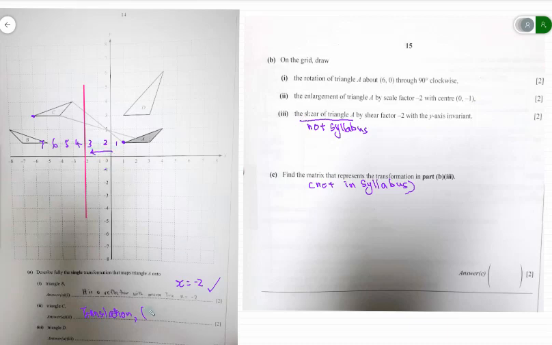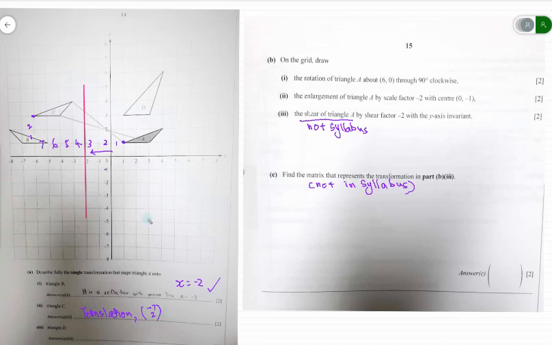Therefore, this is -7. Now, then the y direction is 1, 2, but this is in the positive direction. You go this way is positive, you go downward is negative. So this is 2. So that's it.